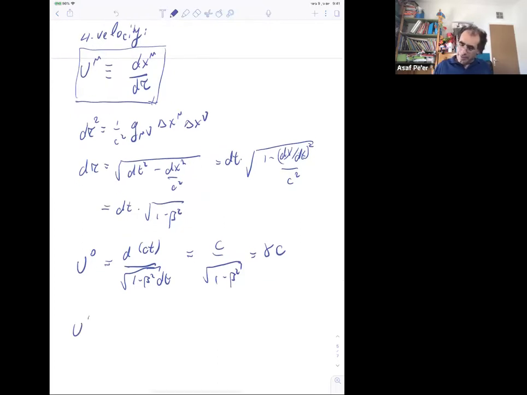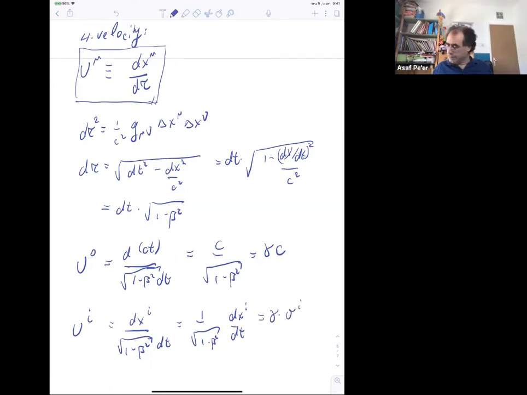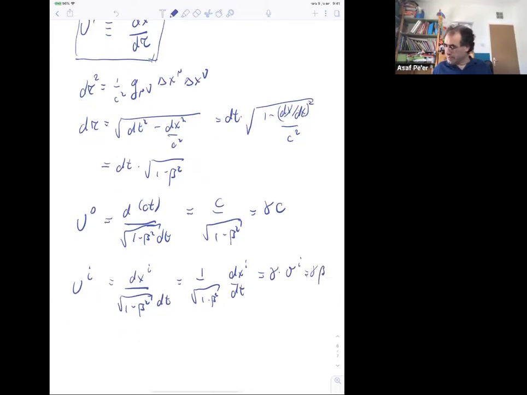And then u i, the space components, is just dx i over square root of 1 minus beta squared dt. So I can write this as gamma times v i, or gamma times beta i c. Again, I'm putting the c to help you get the idea.